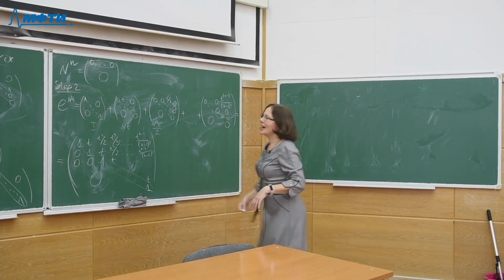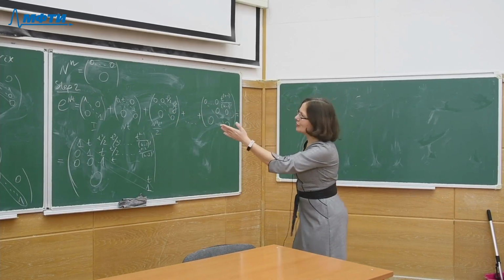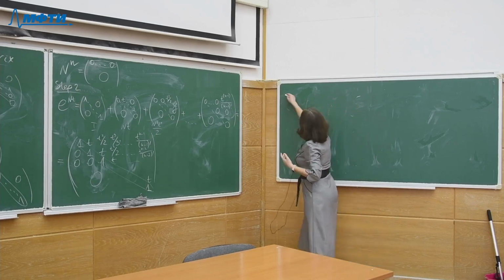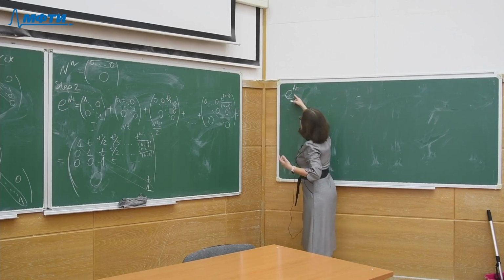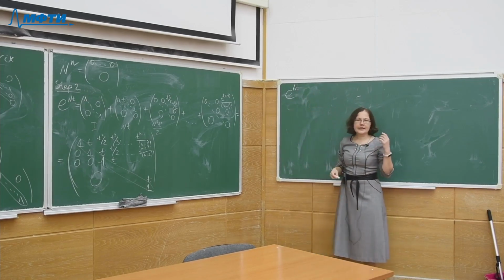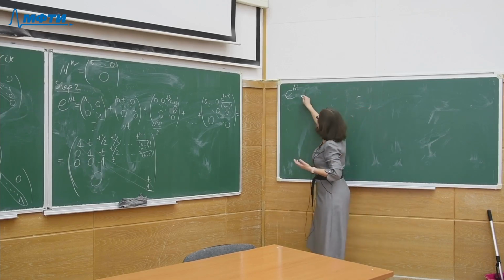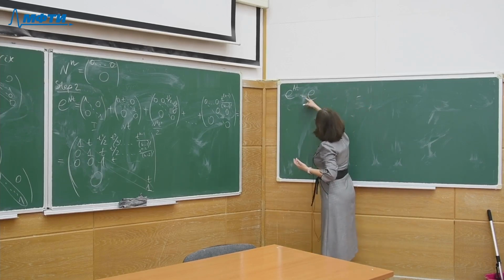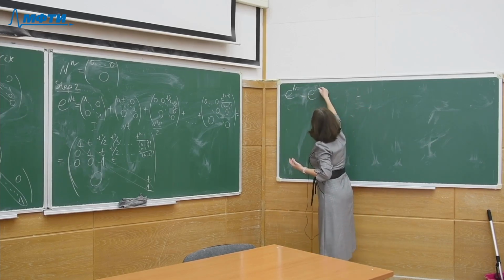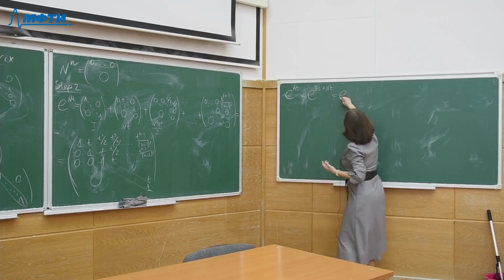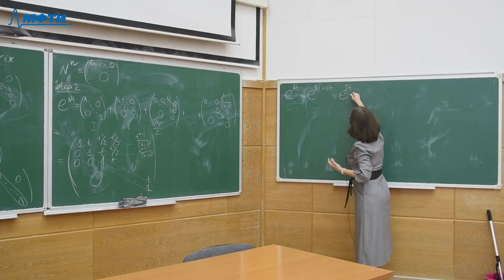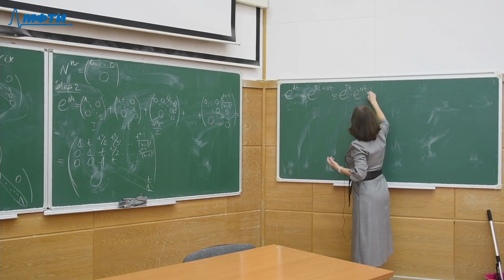So I remind that we wanted to find e to the power At, where A is a Jordan cell. So it was represented as e to the power (λI plus N)t. It is equal to e to the power λIt times e to the power Nt.